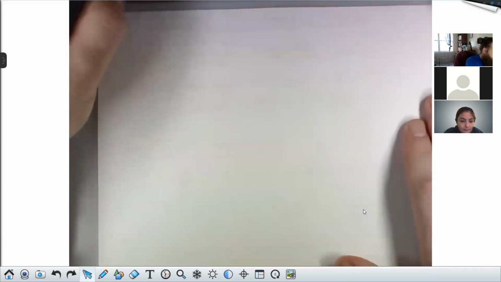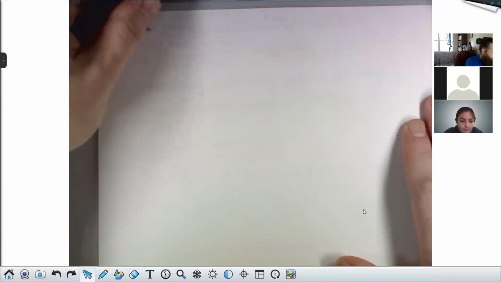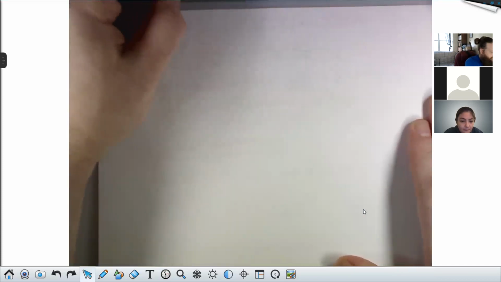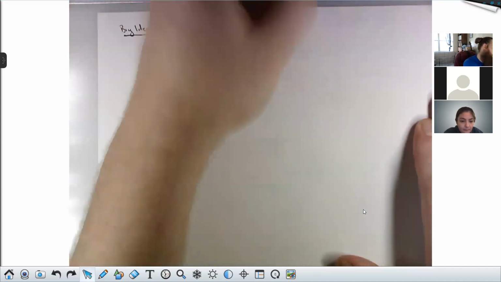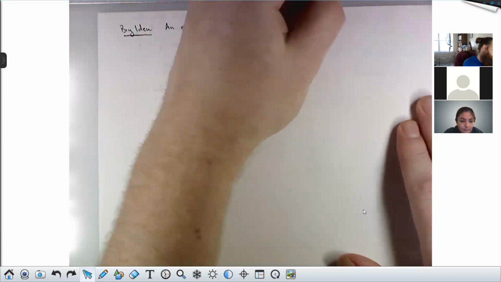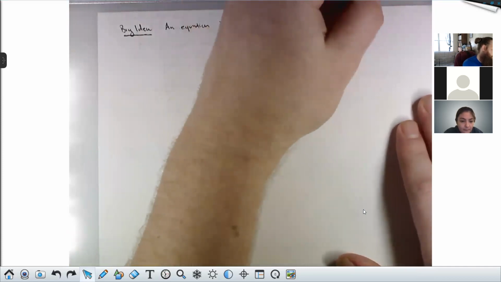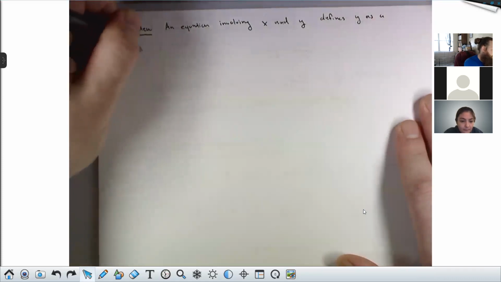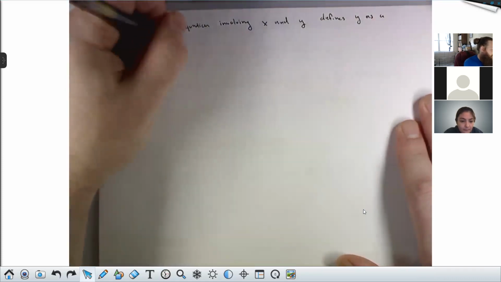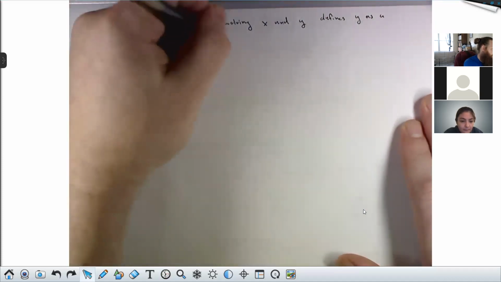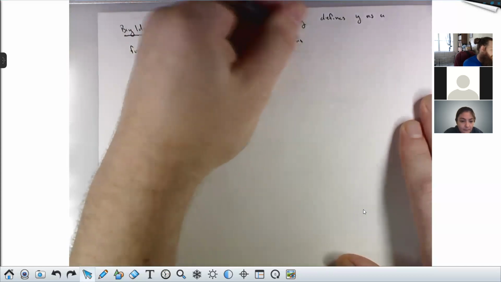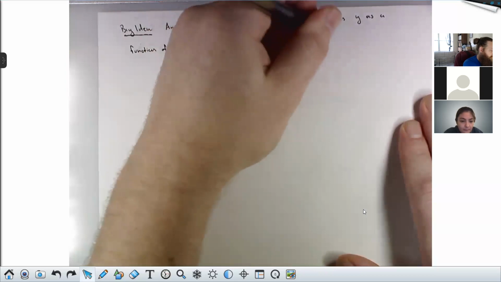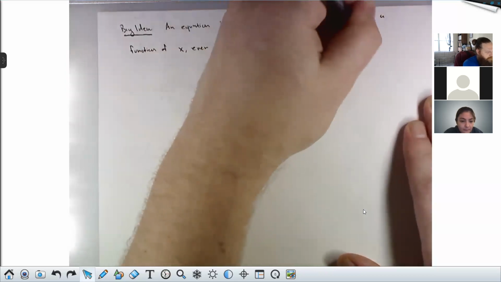So that's the big idea. The big idea: an equation involving x and y defines y as a function of x, even if we can't or don't want to solve for y.